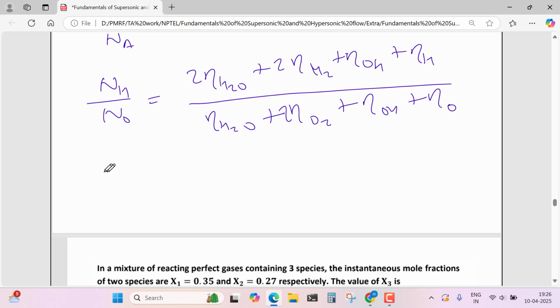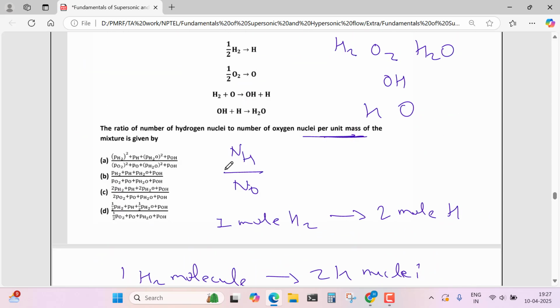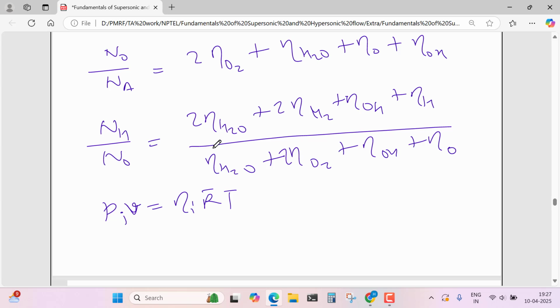Now we also know that PV is equal to η_i R T. So this η_i is proportional to P_i, and we can replace η_i by P_i because V, R bar and T are constant for each case.